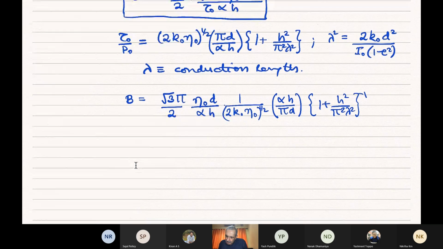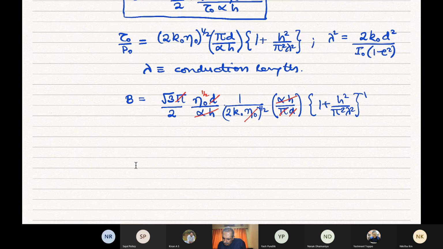So if you look at this B, then several things can be cut out. This gets cut out, pi gets cut out, d gets cut out. And then you can say that this eta 0 goes away and you get this raised to the power of half.